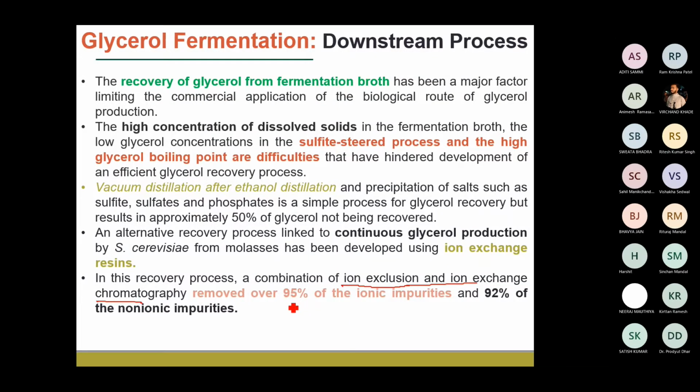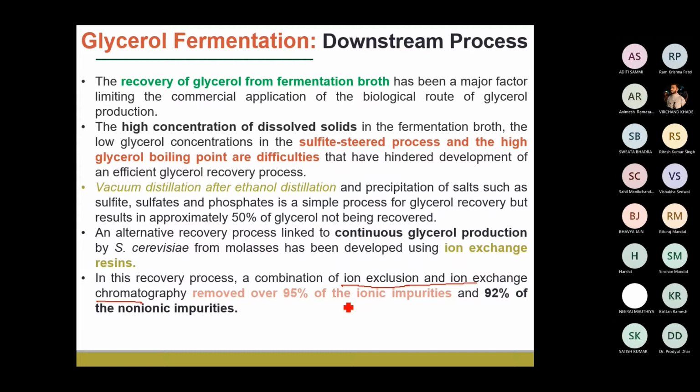Suppose in a fermentation medium you have used some salts like ammonium nitrate. In the growth media it will dissociate into ammonium and nitrate ions, ammonium being positive and nitrate being a negative ion. So we have to remove these ionic impurities. Ion exclusion and ion exchange chromatography are very well known approaches by which you can recover these ionic impurities based on charge based interactions. We will not go into the details of ion exchange chromatography.